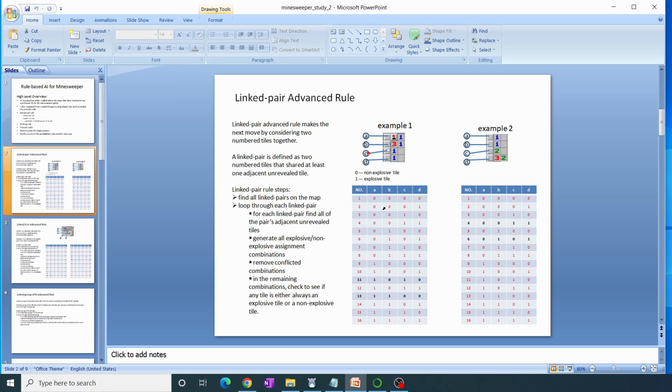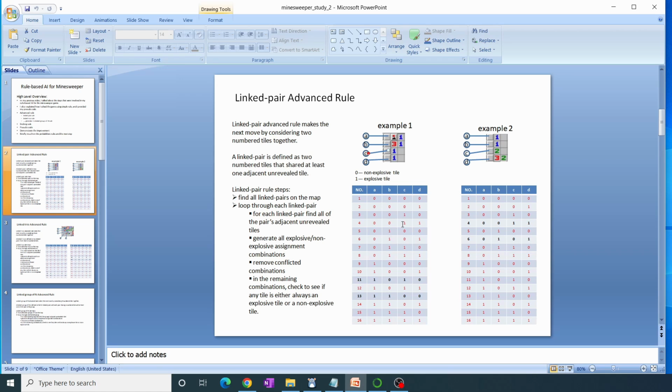In this table, 0 is an assignment for a non-explosive tile, and 1 is an assignment for an explosive tile. Then we know that tiles A, B, C must have two explosives. We can then mark combinations that do not satisfy this criterion red. We also know that tiles B, C, D must have one explosive tile.